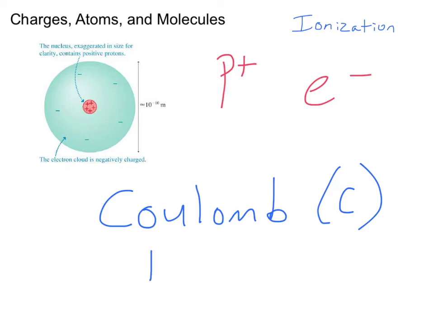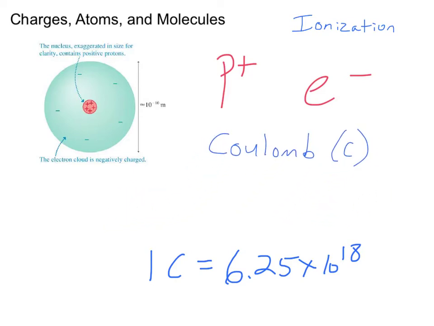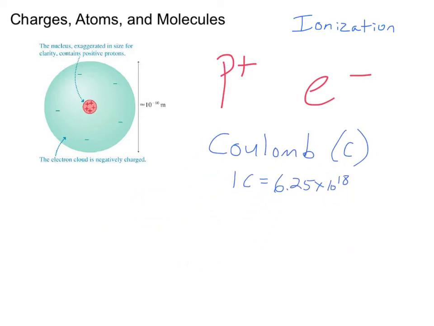Now, 1 Coulomb is equal to the amount of charge on 6.25 times 10 to the 18 protons or electrons. So the charge on that number of electrons and protons equals 1 Coulomb. Well, how much charge then is on 1 proton or 1 electron?